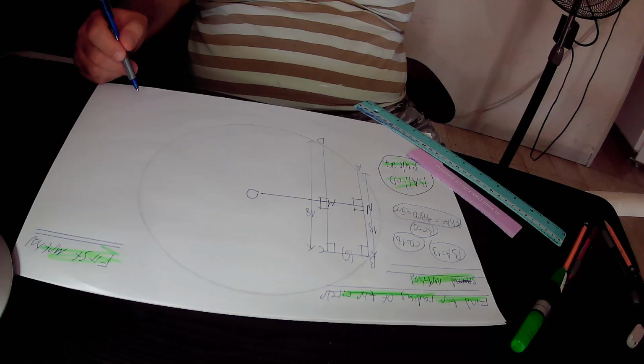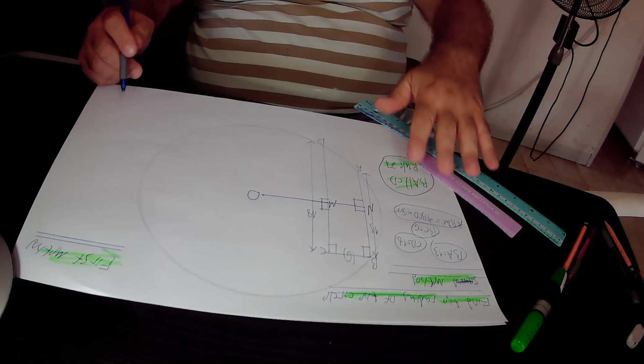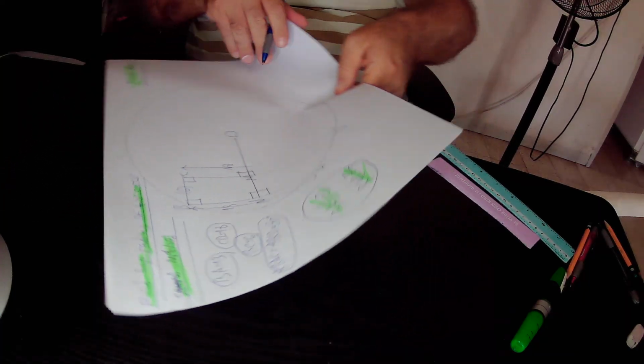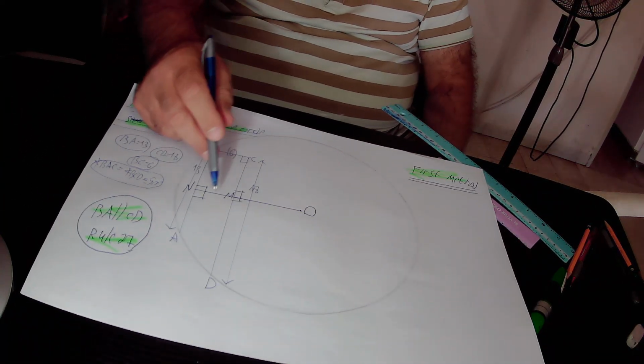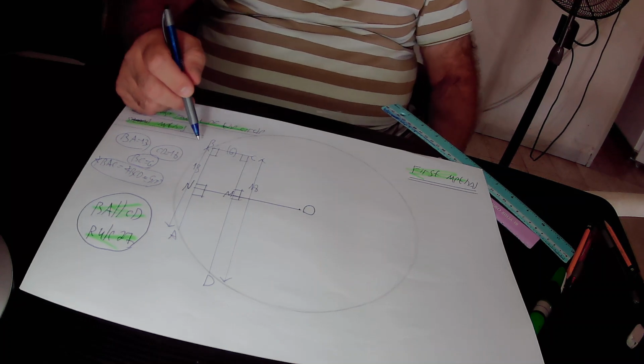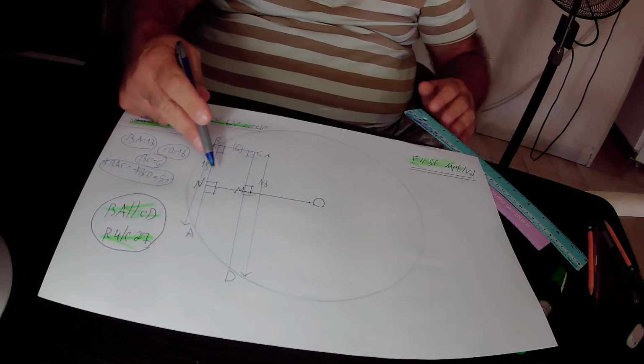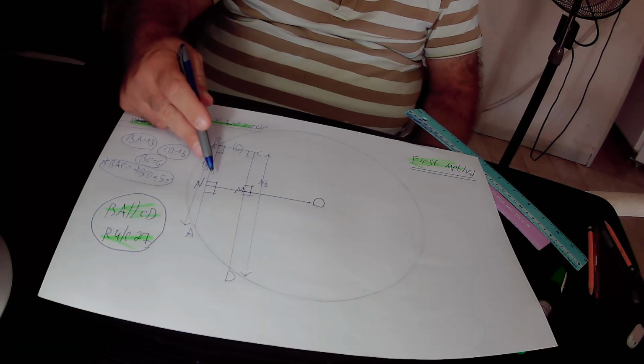So by doing this construction, we're going to do quadrilateral BCMN. Inside quadrilateral BCMN, we have 1, 2, 3 right angles.